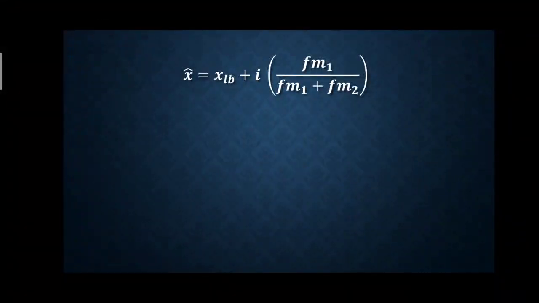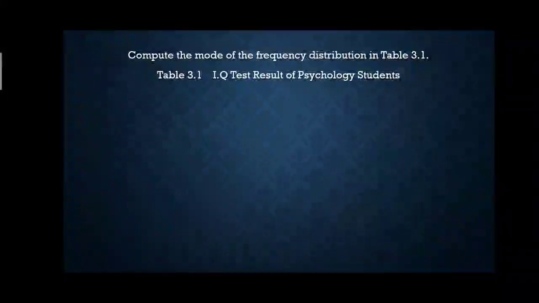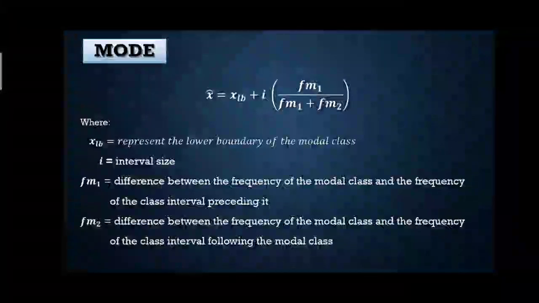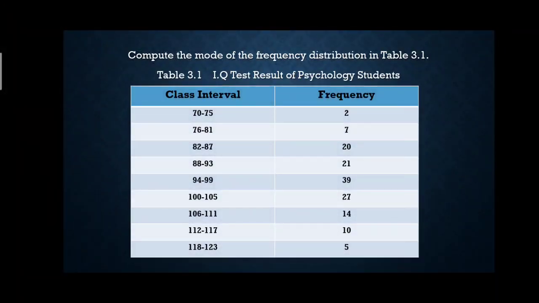Then Fm sub 1 is 18. How to get 18? The difference, so we have 39 minus 21. The difference between the frequency of the modal class and the frequency of the class interval preceding it. So 39 is our modal class.